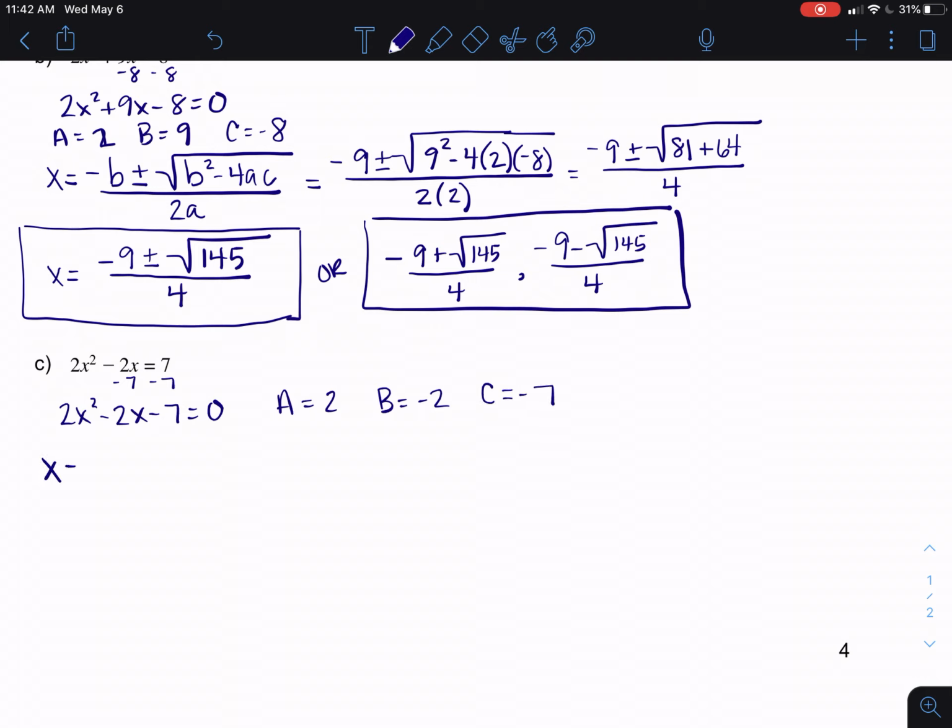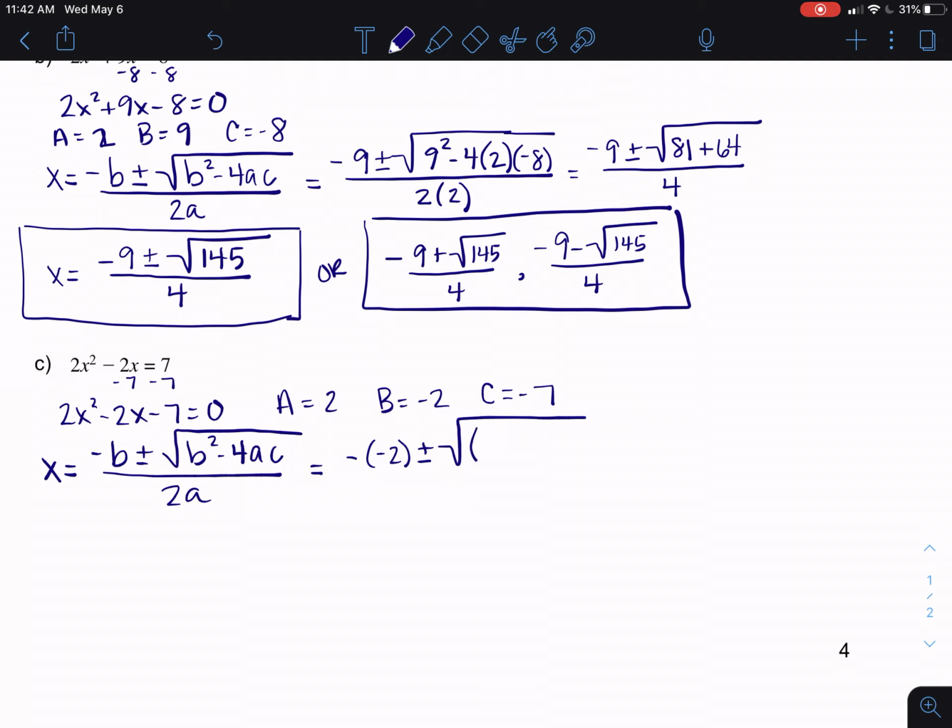So x equals, we have negative b plus or minus the square root of b squared minus 4ac all over 2a. So plugging in what we know, we have negative 2 plus or minus the square root of negative 2 squared minus 4 times negative 2.